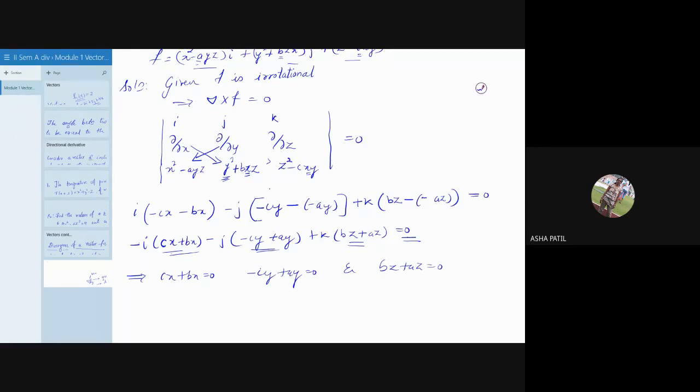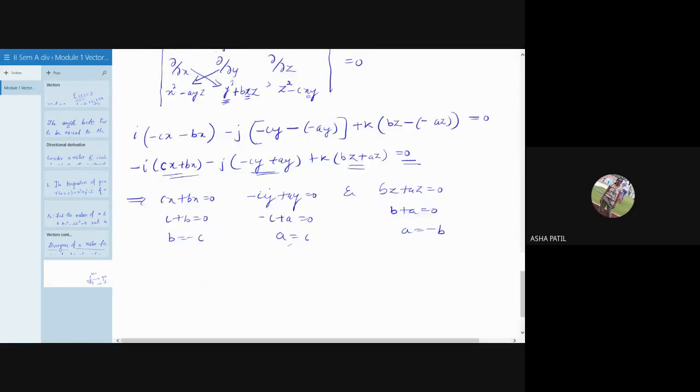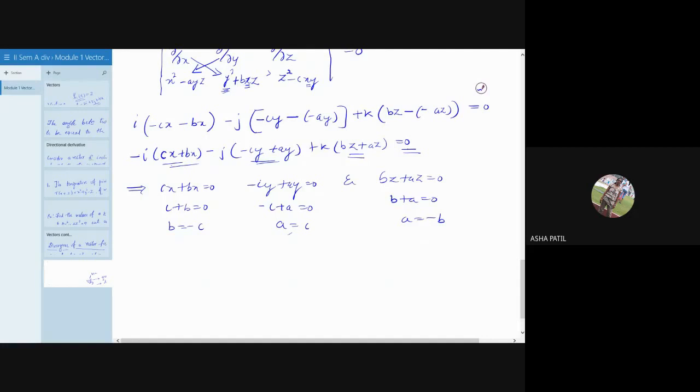So if you take x common, b plus c equal to 0 or b is equal to minus c. Here, if you take y outside, minus c plus a equal to 0 or a is equal to c. And lastly, if you take z common, b plus a equal to 0 or a is equal to minus b. Now substitute in any one of the equations.